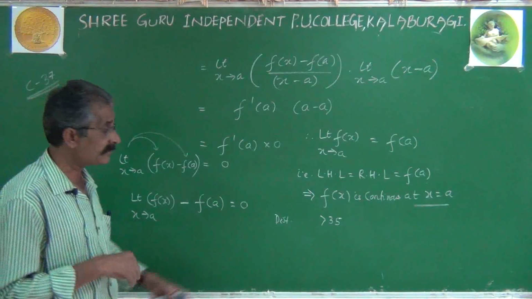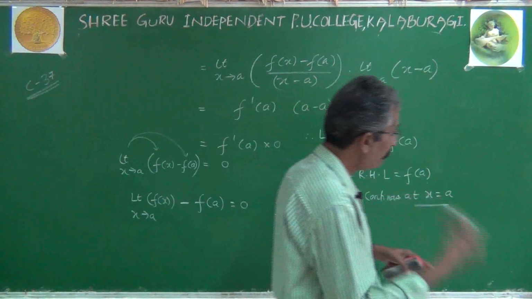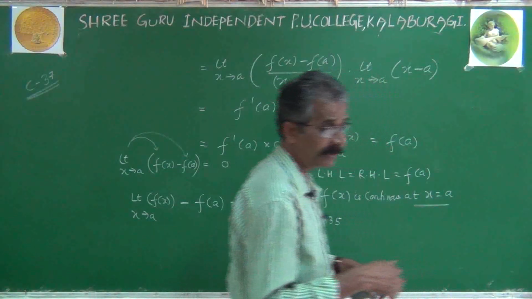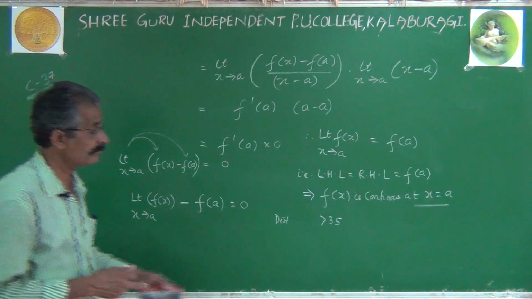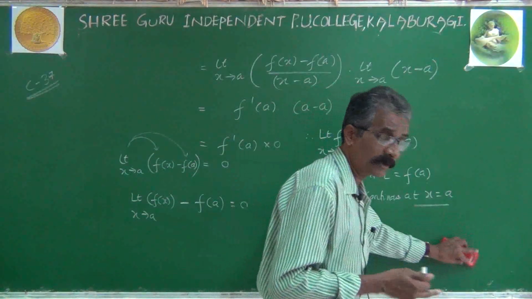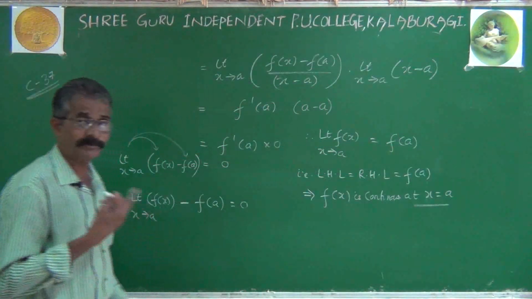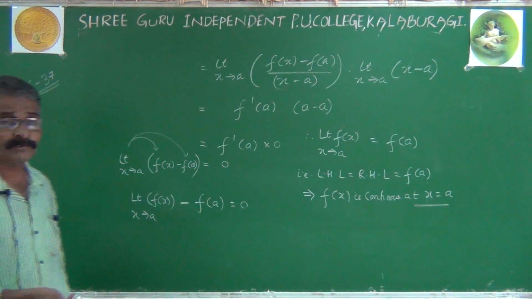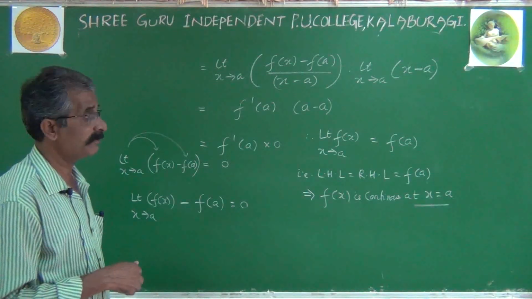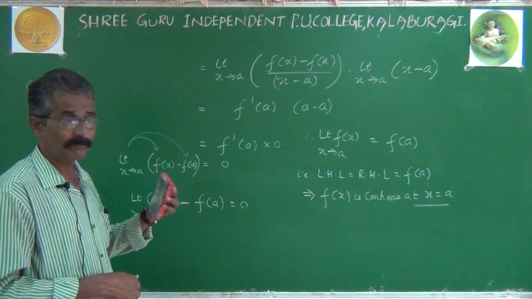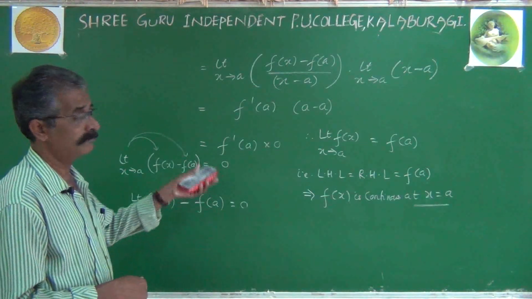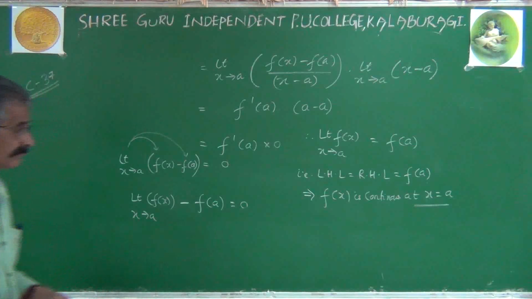Conversely, when marks are more than 35, the result may be distinction, may not be distinction. Same track here. A function which is differentiable is always continuous, and conversely, a function which is continuous may be differentiable, may not be differentiable. Let's see by the upcoming illustrative problems. I hope you got the point of this theorem. Please understand it.